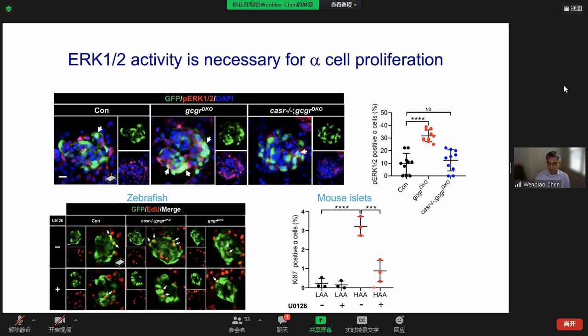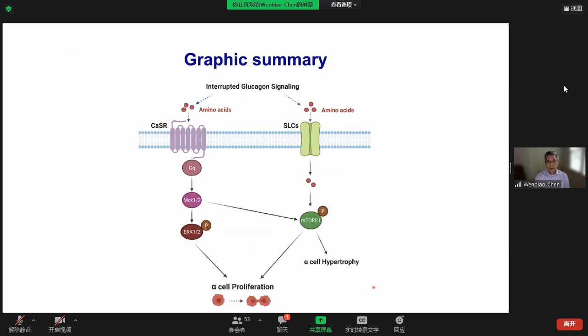So, to quickly summarize what I have told you, we think that amino acid acts through at least two pathways, both the SLC-mediated activation of mTOR and also the CADA-mediated Gq pathway, that they collaborate to cause alpha cell proliferation.